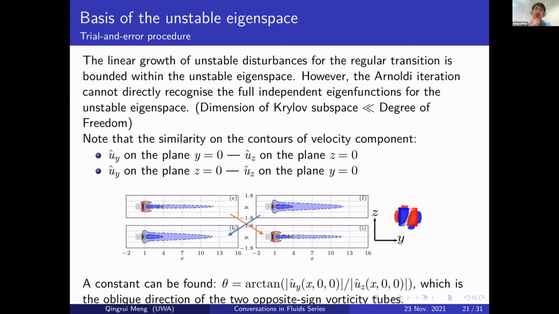This is possible because we use the Arnoldi iteration to do the calculation. The Arnoldi calculation is based on the Krylov subspace. The dimension of this subspace is far smaller than the degrees of freedom, and that means the geometric multiplicity can be larger than the algebraic multiplicity when we solve the matrix eigenvalue problem.